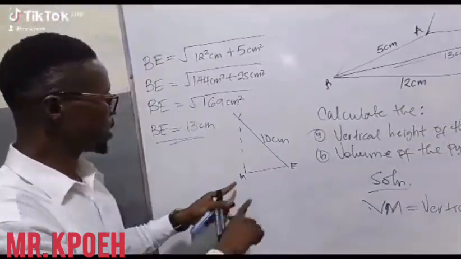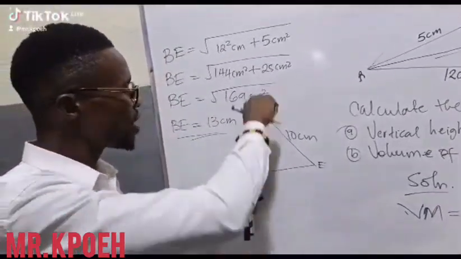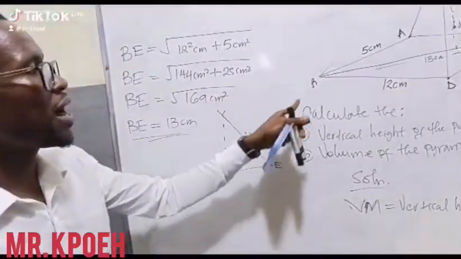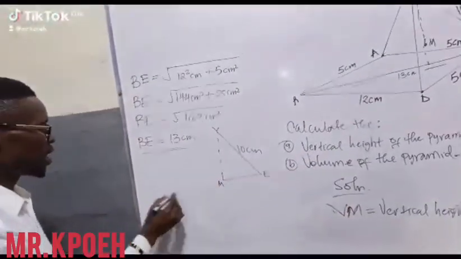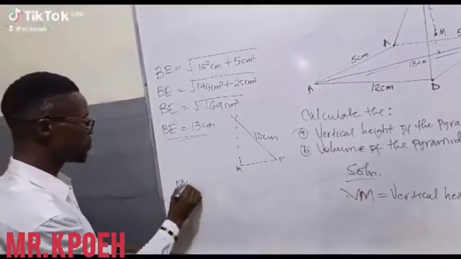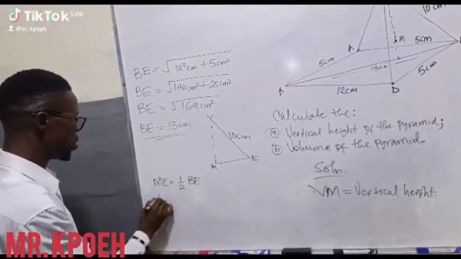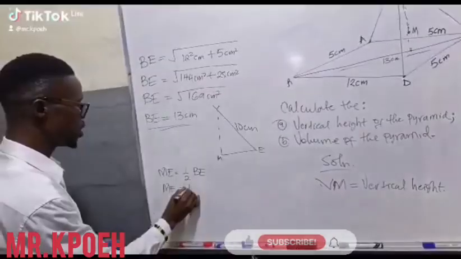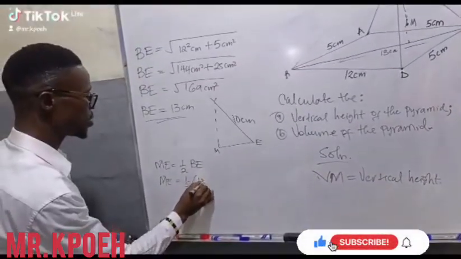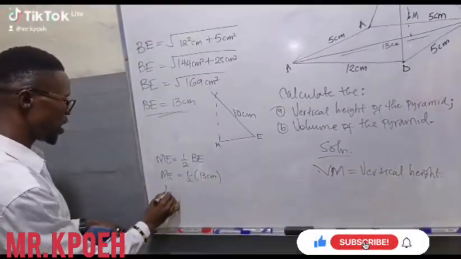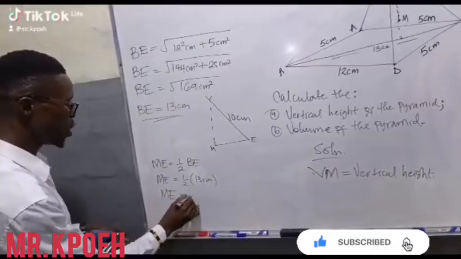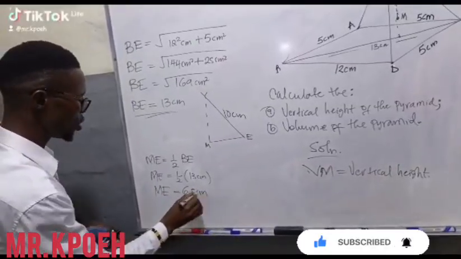So to find ME, which will help us find the vertical height with the VE, we need to find half of BE. So ME is actually half of BE. So ME here will be equal to half of 13 cm. Obviously, ME will be equal to 6.5 cm.